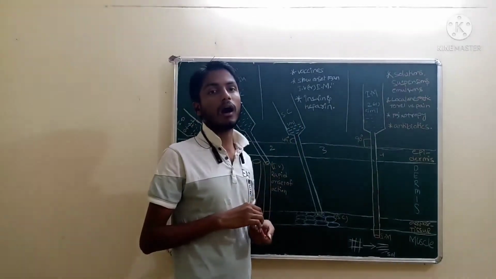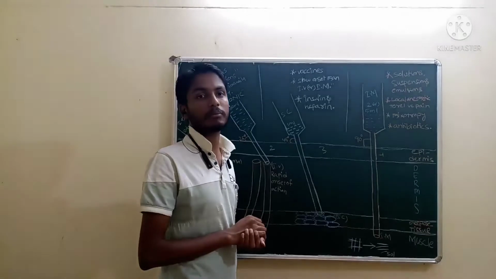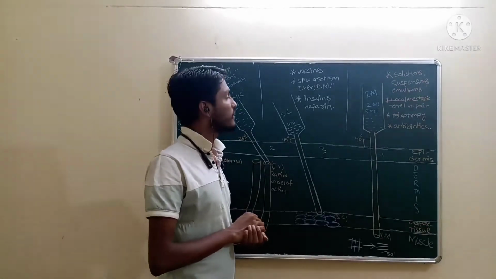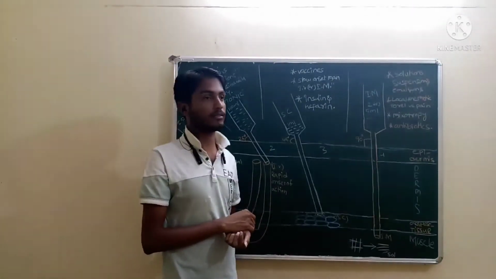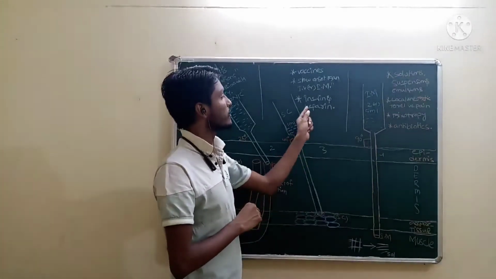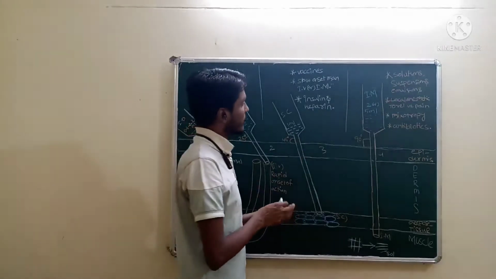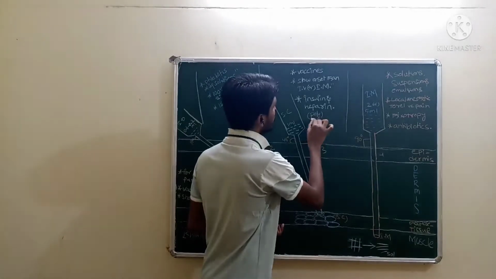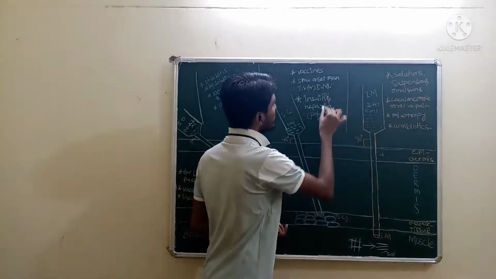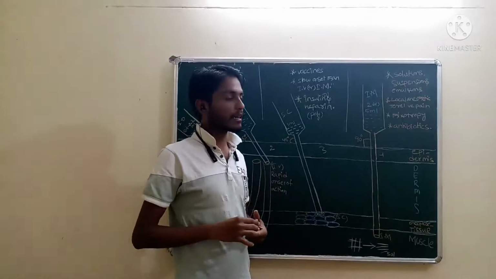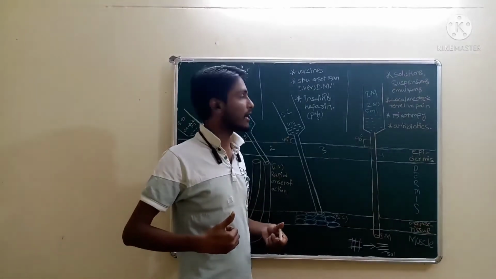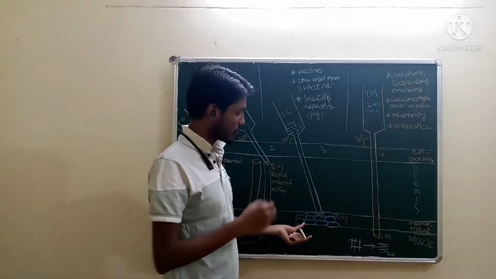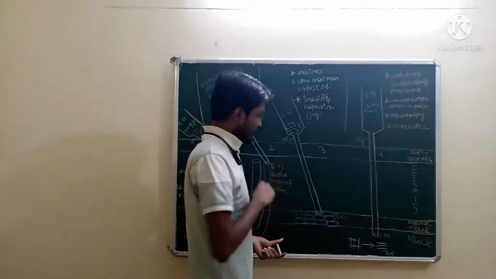Insulin is a protein having 51 amino acids. Next one is heparin, a polysaccharide. These are not absorbed through the gastrointestinal system. Hence, we are giving them in the adipose tissue through the subcutaneous route.